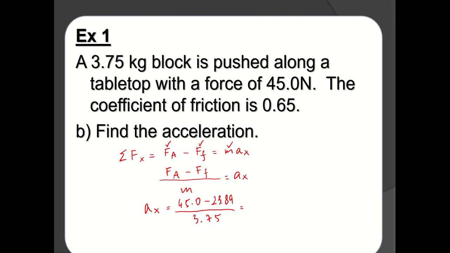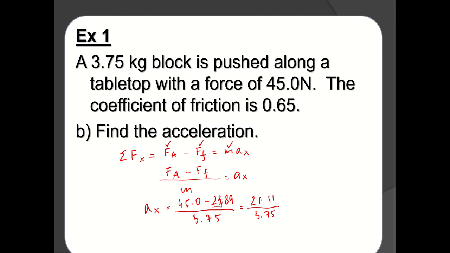So in this case, 45 minus 23.89, we get 21.11 over 3.75. Now notice, like I said, I used this value here, but there's no decimals in this second number here because of sig figs.